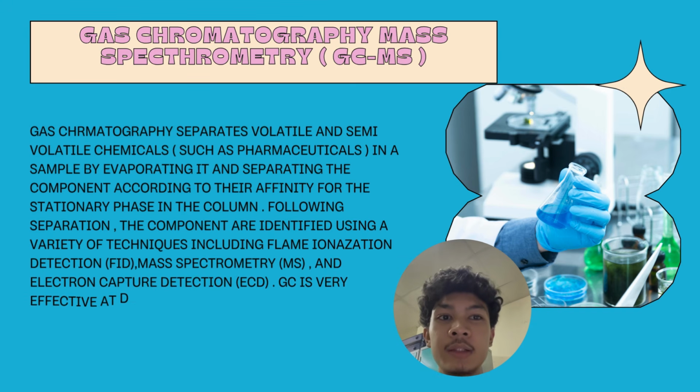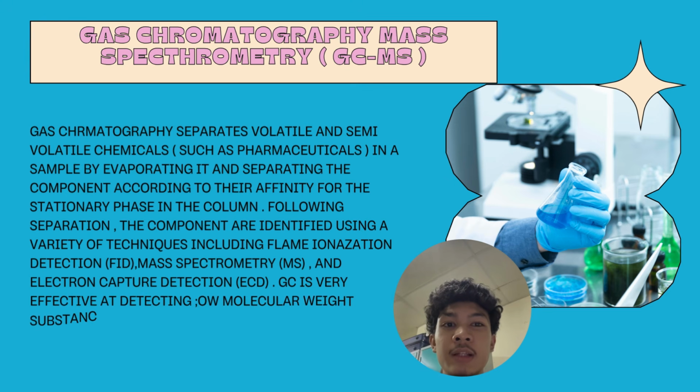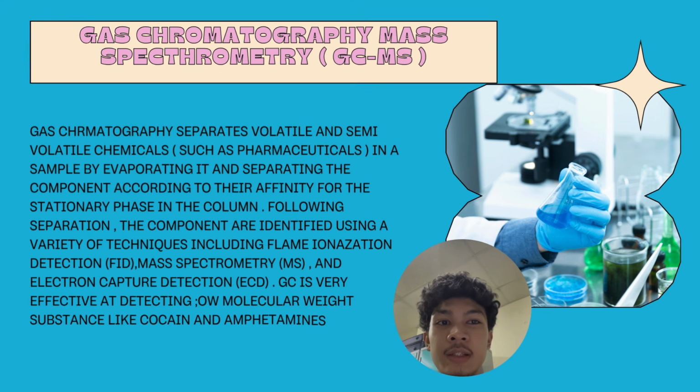Once separated, the components are identified using detectors like flame ionization detector (FID), mass spectrometry (MS), and electron capture detector (ECD). GC is especially effective at detecting low molecular weight substances like cocaine and amphetamine.